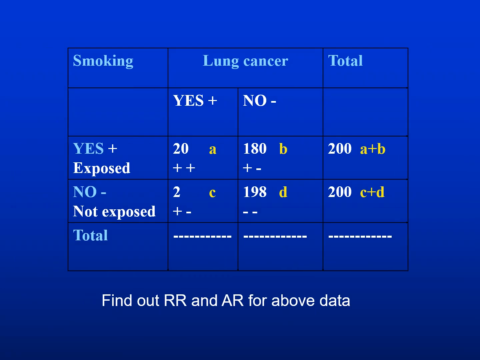In this table, as you see, the incidence of lung cancer among smokers is 20 divided by 200 multiplied by 100, and this means 10%. On the other hand, the incidence of lung cancer among those who are not exposed is 2 divided by 200 multiplied by 100, which equals 1%.